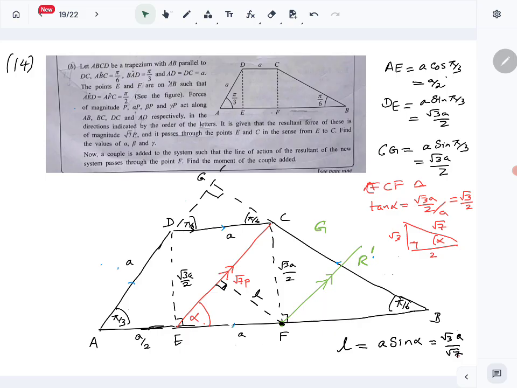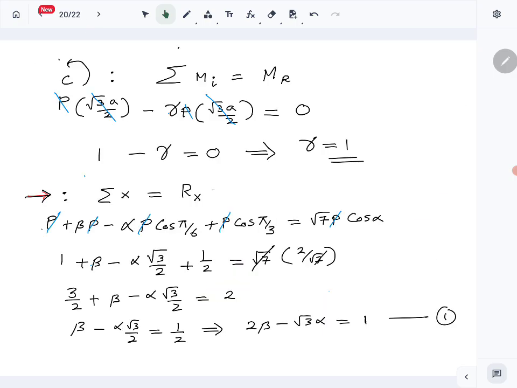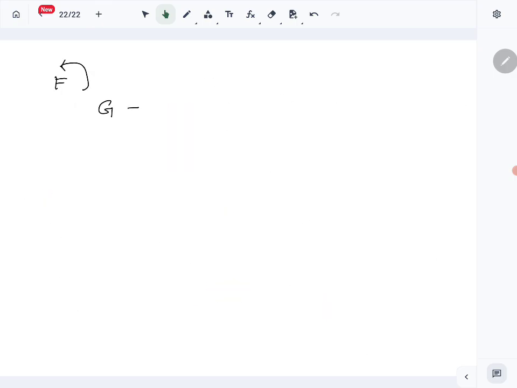So then we can figure out the moment generated by root 7 P. That is going clockwise, so that is negative: negative root 7 P times root 3 A over root 7.